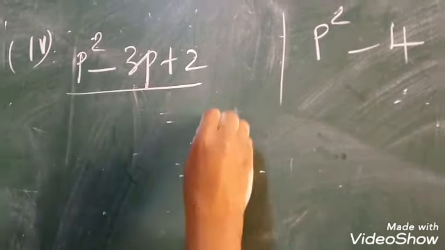What are the numbers girls? Yes, minus 2 and minus 1. If you multiply, you will get 2. Then if you add, you will get minus 3. Okay, you put the variable p, divided by p squared, which is divided by p, we will get the factorization: p minus 2 is one factor, p minus 1 is another factor.